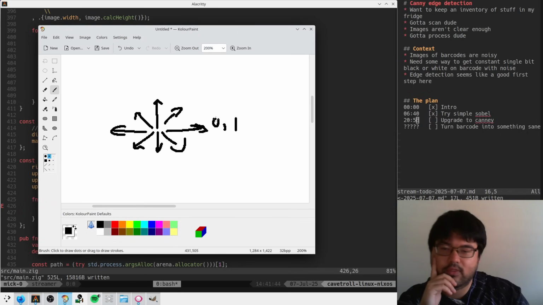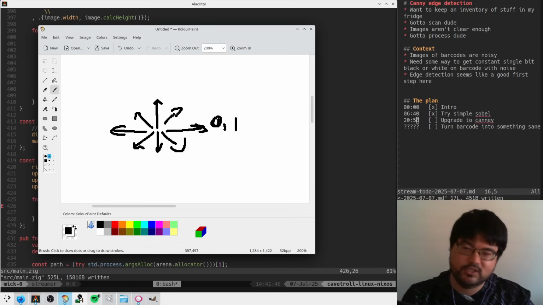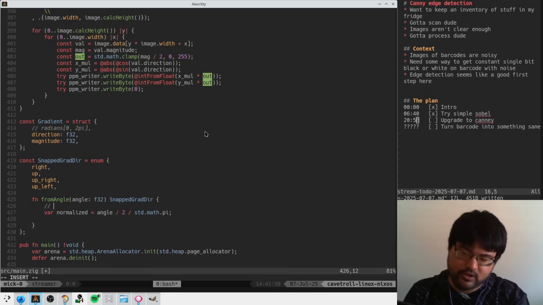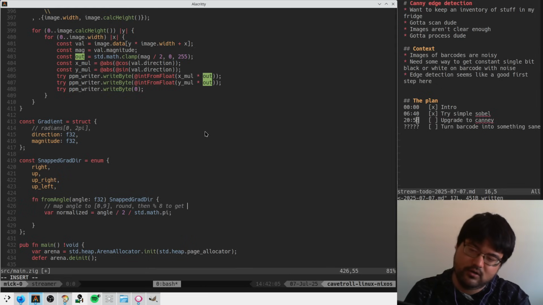So that means that we need to multiply this by 9. So map angle to 0 to 9. Round. Then mod 8, maybe mod 4.